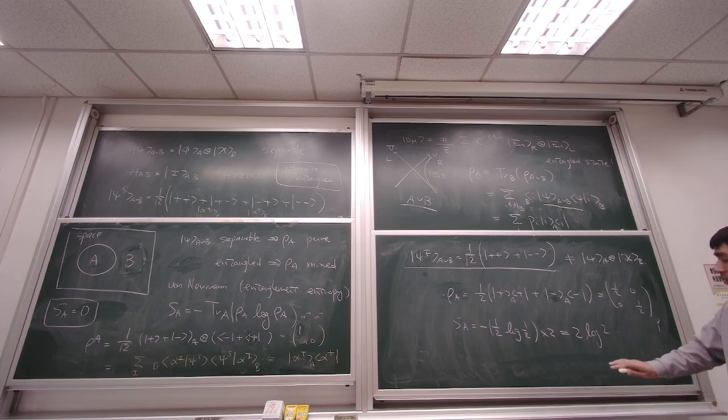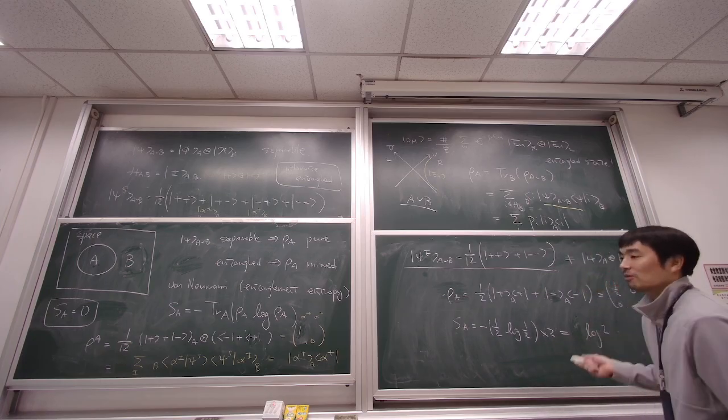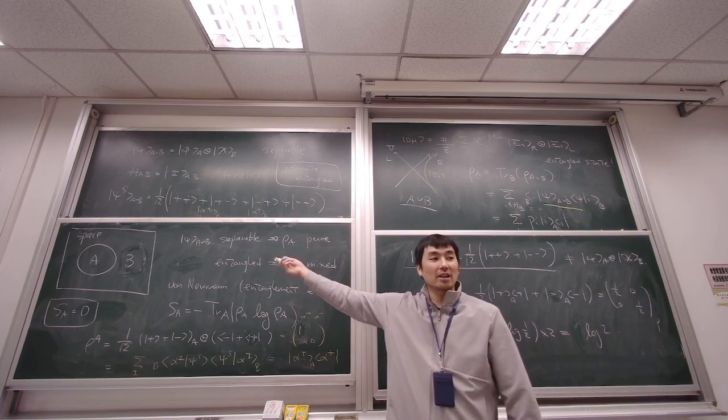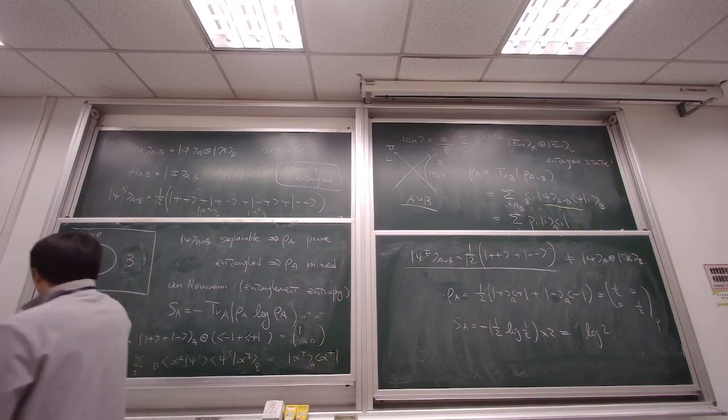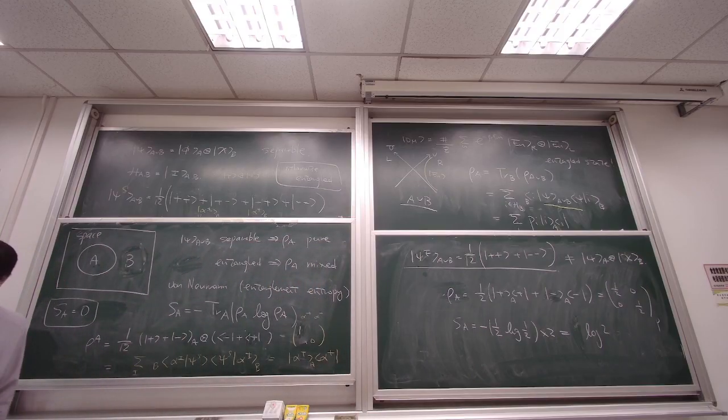Is it all log 2? Log 2. Is it okay? Log 2. So therefore it's non-zero. So therefore it's really entangled. Non-zero means there's entanglement between A and B. They talk to each other somehow. Okay, so that's the entanglement entropy.